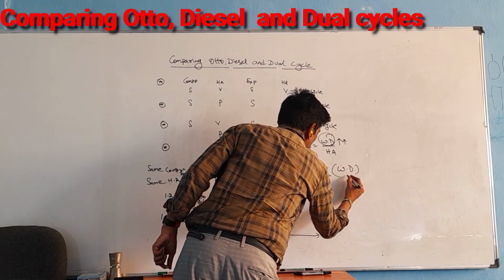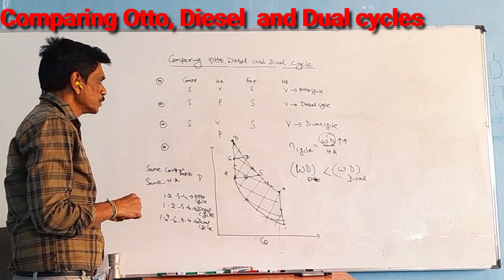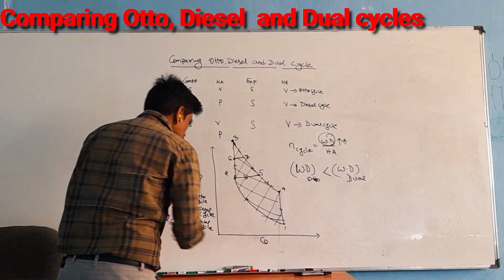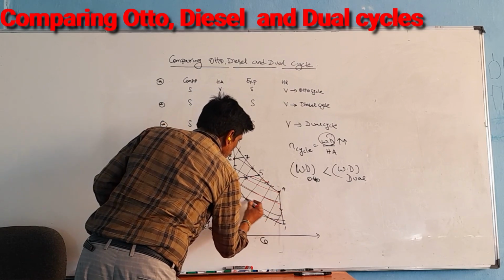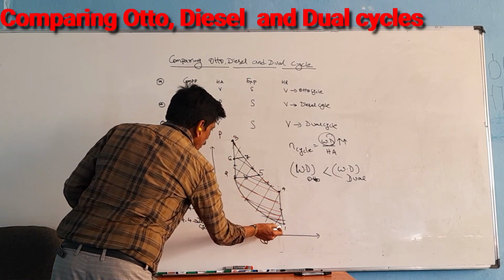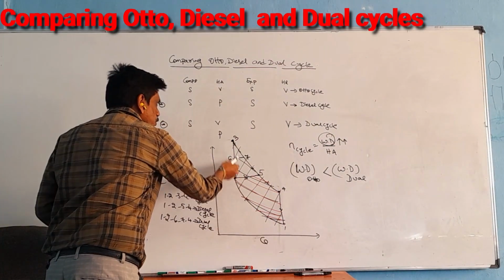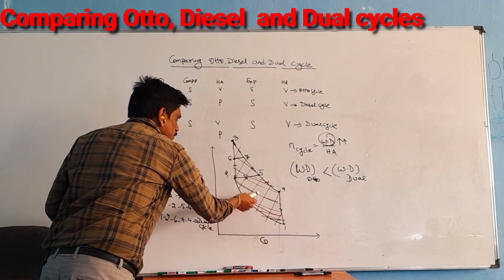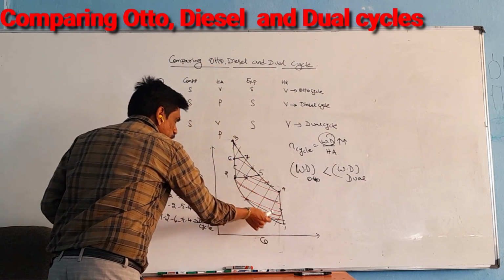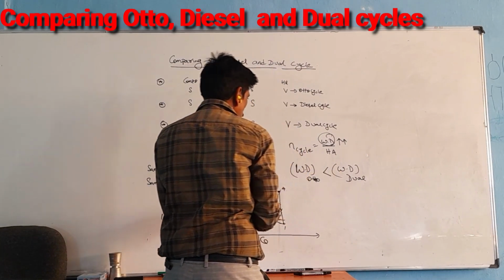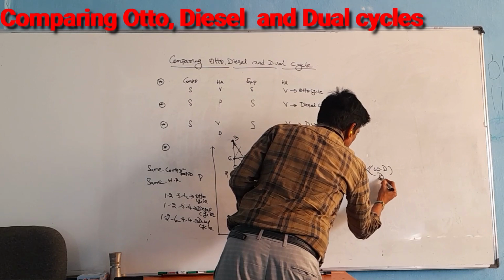And if you see the diesel cycle, the work done is only this much, the area 1, 2, 5, 4. So that is less. The Otto cycle has more work, followed by the dual cycle, then followed by the diesel cycle.